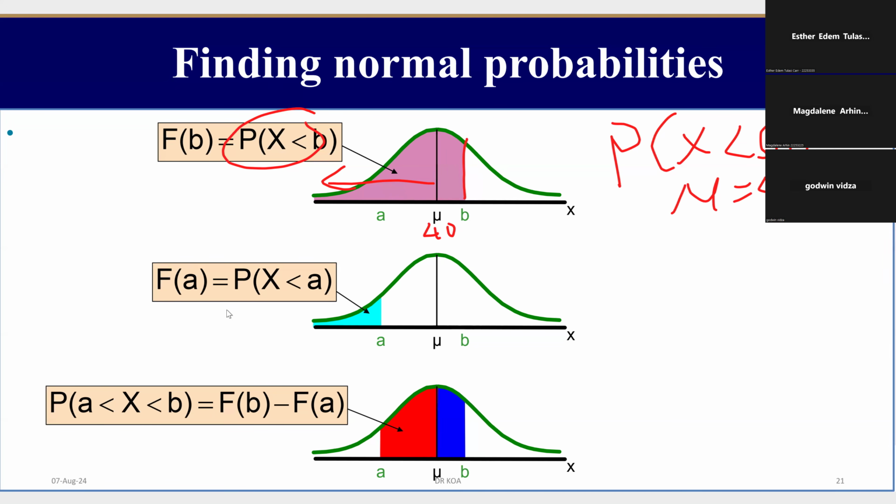I told you that the entire area is 1. So half of that area is 0.5. But you said 100. And so when you say 50, you haven't spoken, unless you say 50%. You have to be very clear here.